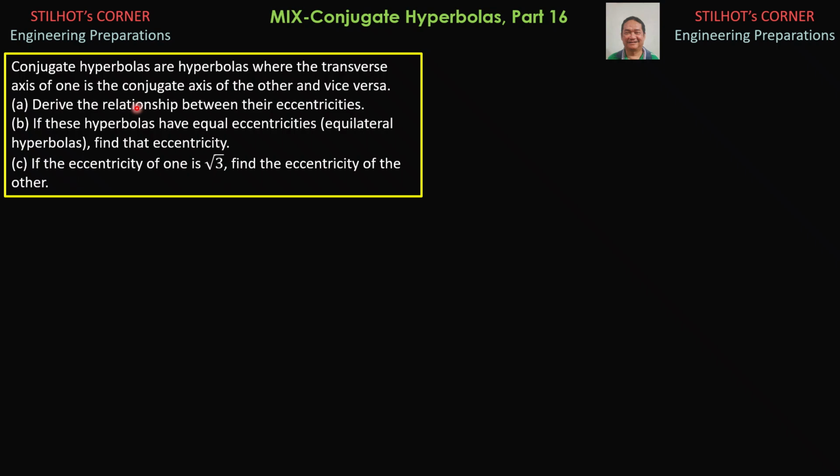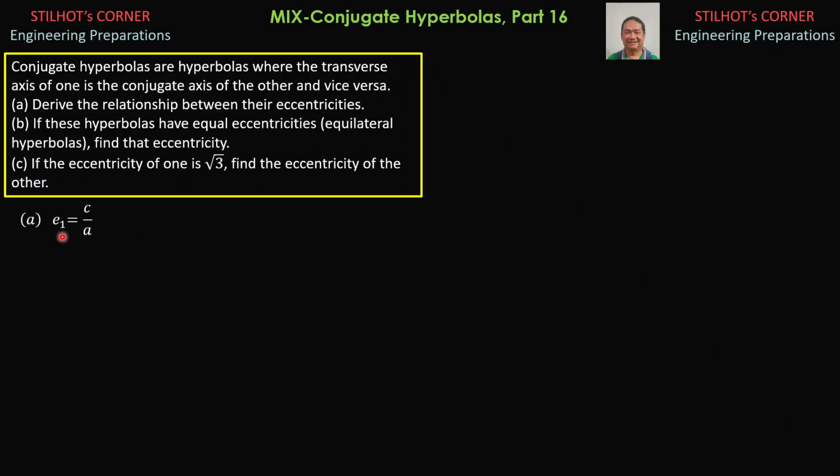So by definition, eccentricity is C over A. So for hyperbola 1, the eccentricity E sub 1 is C over A. Then this A is B for the second hyperbola because they are conjugate hyperbolas.